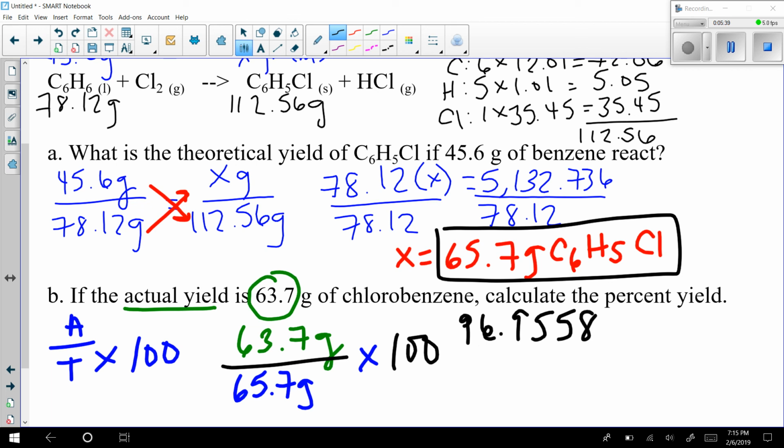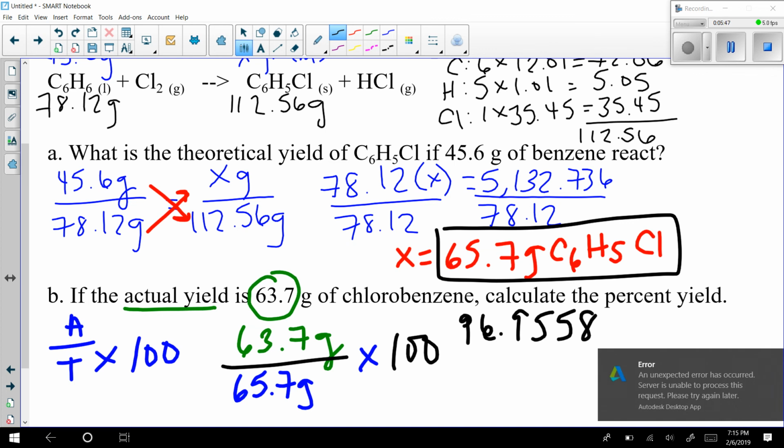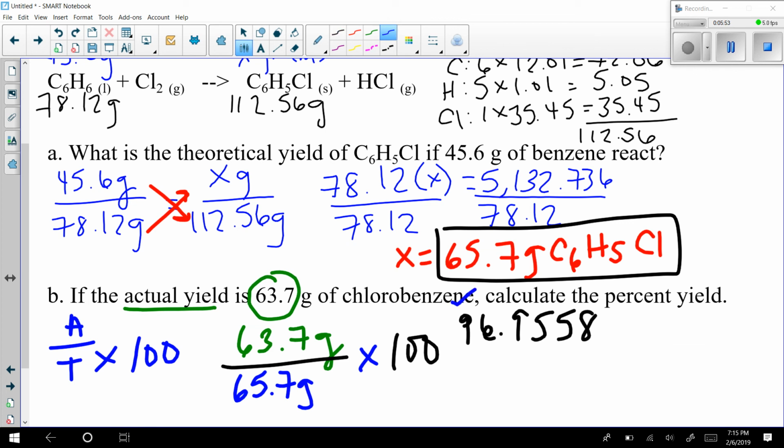So when we calculate this out, we get a value of 96.9558. Now, with that, we have to account for sig figs. So from our numbers used in our problem, we need 3 sig figs. So when we're looking at our answer of 9, 6, 9, those are the 3 sig figs we want. We look at this 5, and it's going to round our 9 up. Well, in that case, the 9 will then round that 6 up and become a 0.